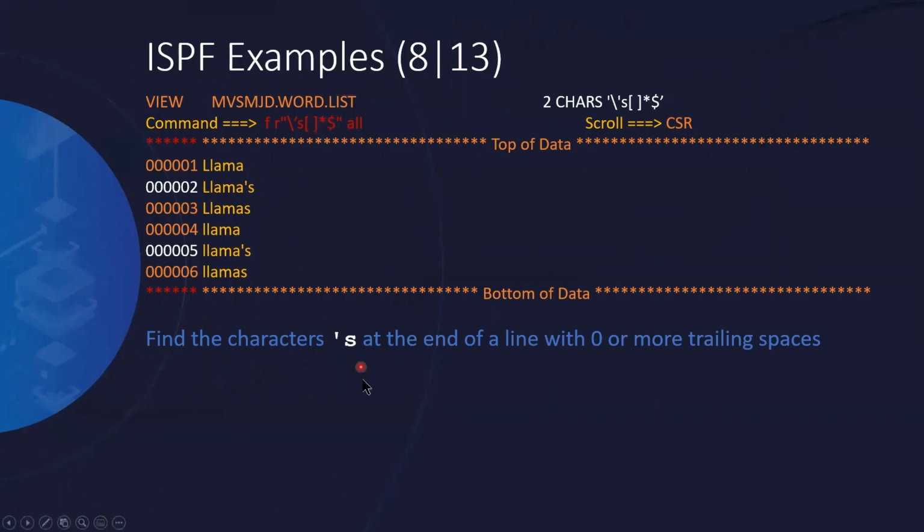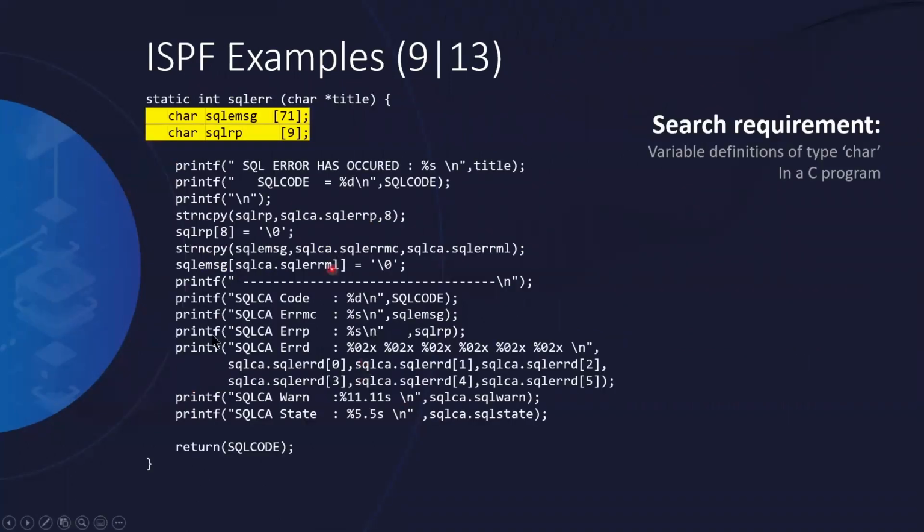So here's an example. My research requirement is I'm looking for variable definitions of type char in a C program. So here's my snippet of the C program. I'm sure you've all seen the SQLCA before.